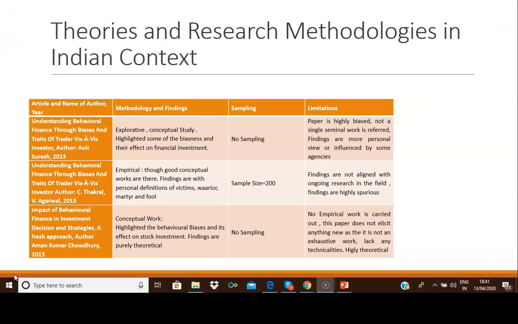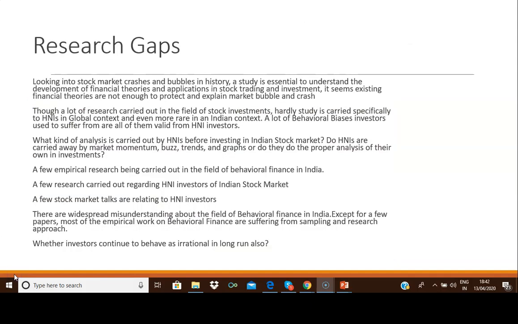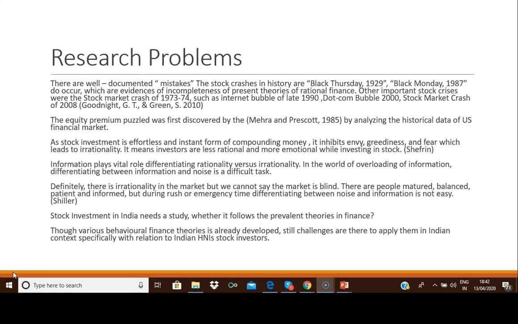So the researcher found out the research papers, research methodology and limitations in the earlier literature review. Then we saw how to find out the research gaps from this literature review. So on the basis of literature review, the research gaps and the research problems are also identified.